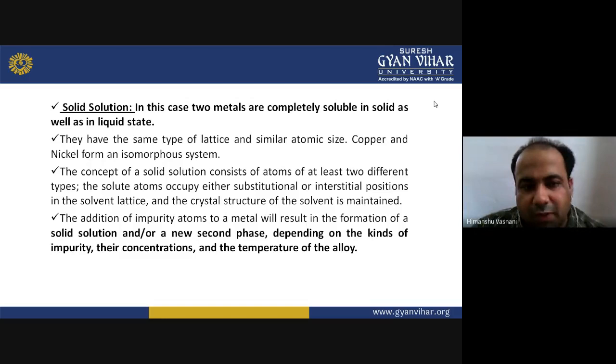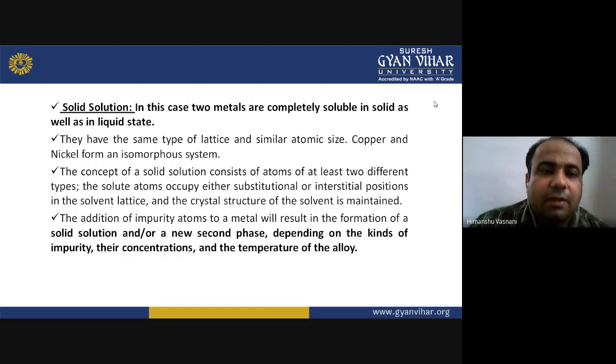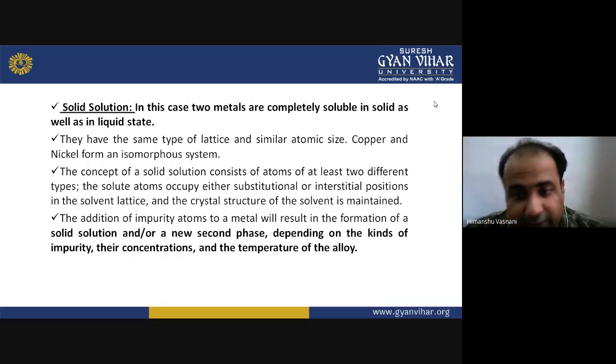The concept of a solid solution consists of atoms of at least two different types. Solute atoms occupy either substitutional or interstitial positions in the solvent lattice, and the crystal structure of the solvent is maintained.